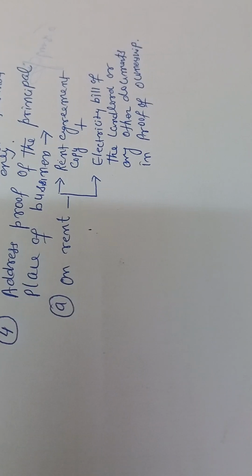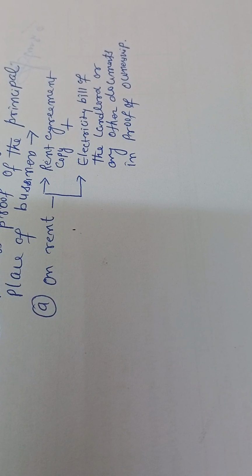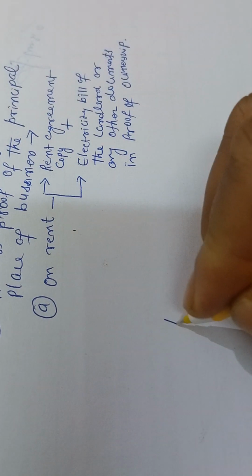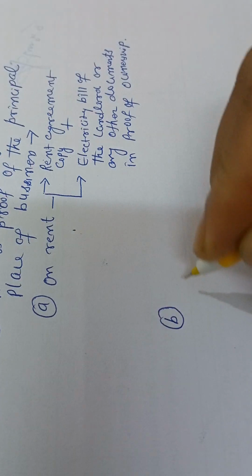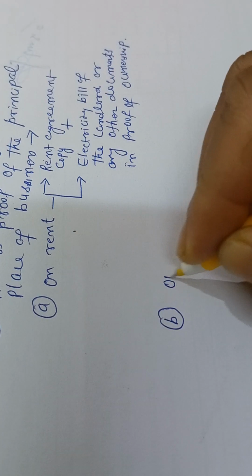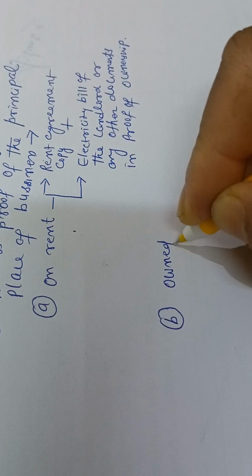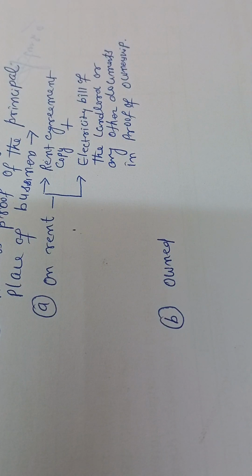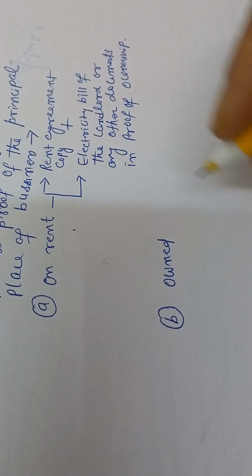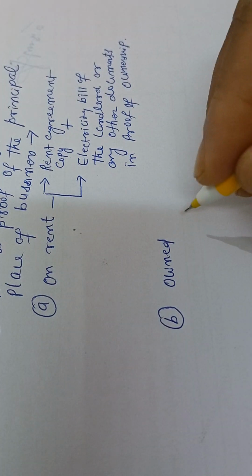Now, if the premises is owned, means the applicant who wants to take GST number, the premises is owned by the applicant.